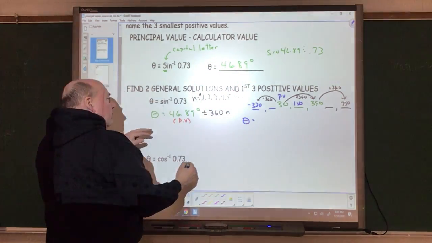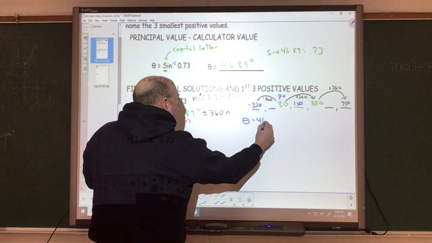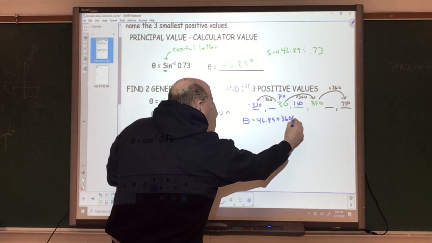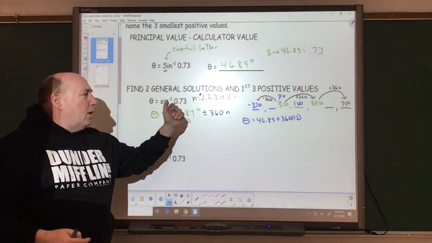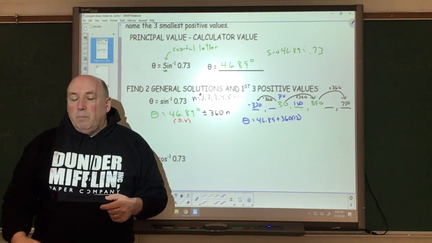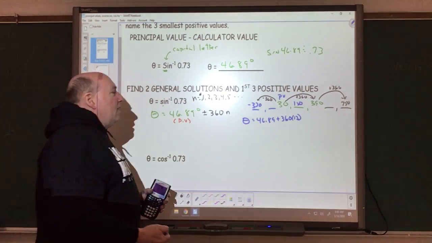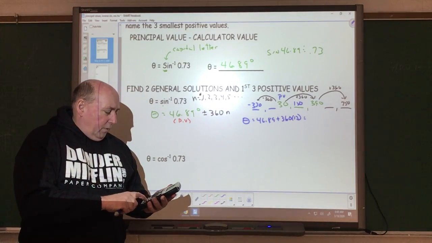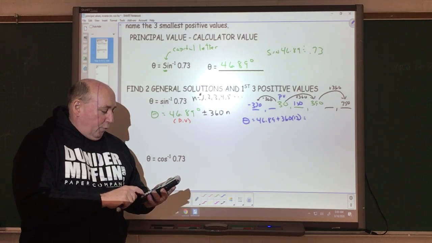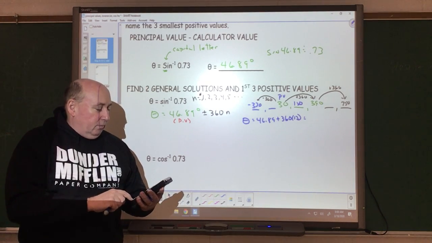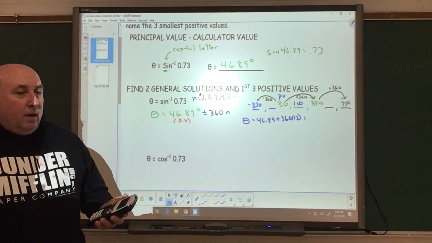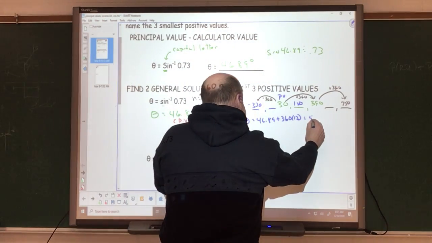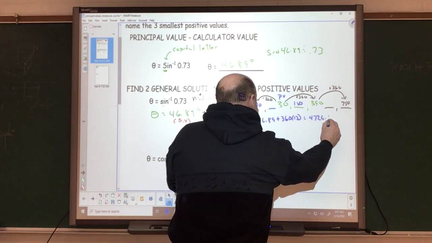How this works is if I take theta equal to 46.89 and add 360 times 13. I could pick any number I wanted to. I just picked 13 because I like number 13. If we would find this angle value, so go and calculate it out, 46.89 plus 360 times 13, you should get an angle that is 44,726.89.